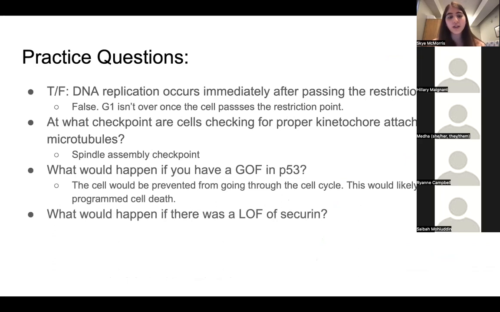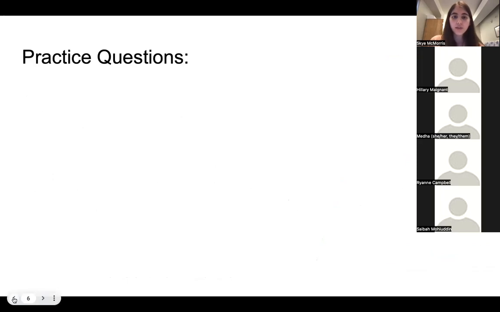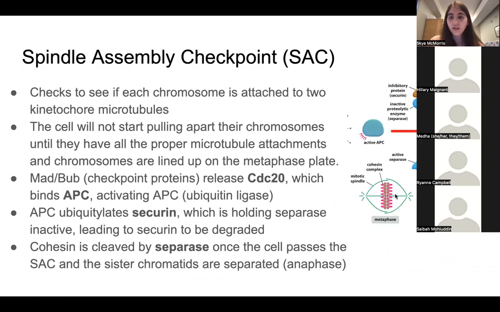So the next question is, what would happen if there was a loss of function in securin? So I'll go back to that diagram just so you guys can see it. So the question was asking if you have a loss of function in securin.